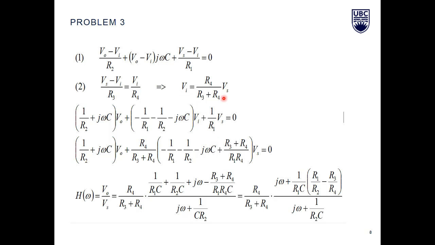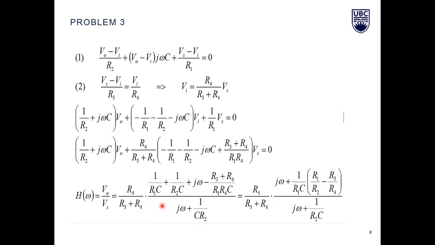Then we can use this relationship and substitute Vi for its equivalent amount, which gets rid of Vi, and this time we only have Vo and Vs. So if we write Vo over Vs from this expression, it will be this part over this part with a negative sign.